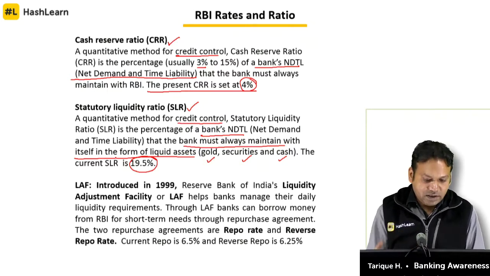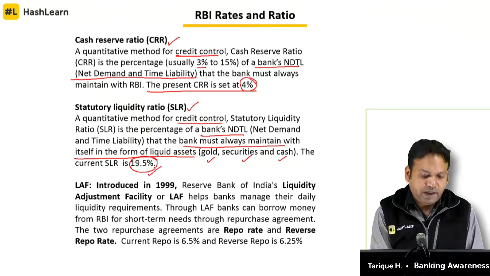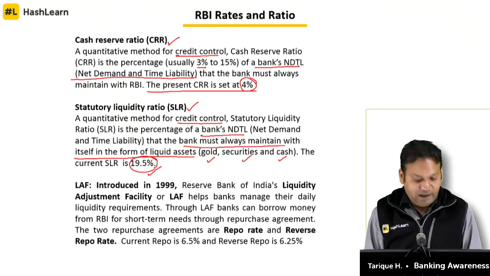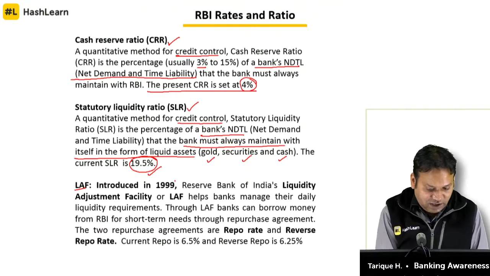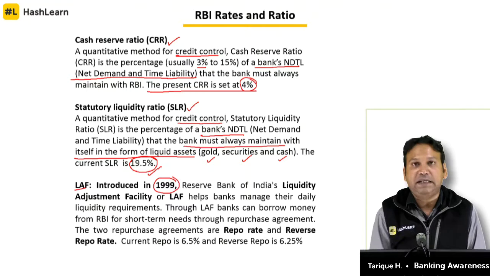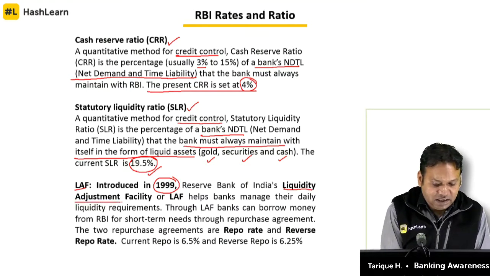तो ये दो चीज़ हमने डिस्कस कर लिया काफ़ी अच्छे से. क्या होता है SLR, फुल फॉर्म क्या है, करंट रेट क्या है, एंड इट्स अ परसेंटेज ऑफ व्हाट? NDTL. Now LAF, liquidity adjustment facility, was introduced in 1999. What is LAF? Liquidity adjustment facility.